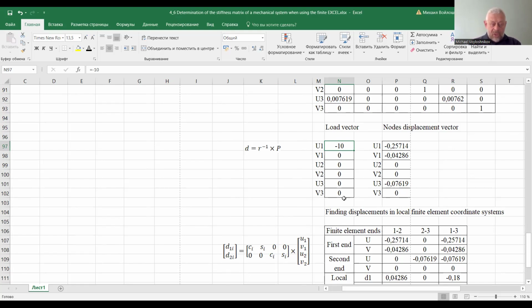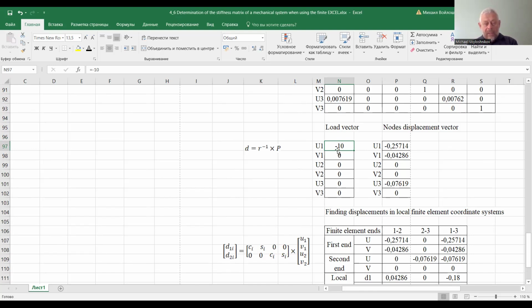This is an approximation, of course, but if we have very small finite elements, this does not impact so much the accuracy of determining the forces and efforts acting in the discrete model, and is not important for finding the displacements and forces if we transform the distributed load on the mechanical system to the nodal load.